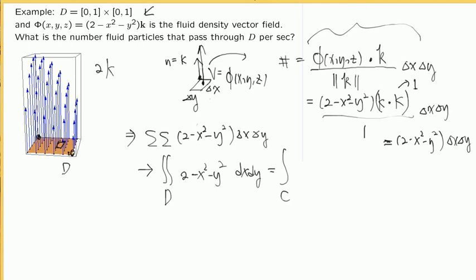Work done by a force field, right? Down there in the xy plane. So around that path, there is some sort of vector field down there living in the xy plane. The work done around that boundary is actually equal to the number of particles passing through, with a very different looking density force field.